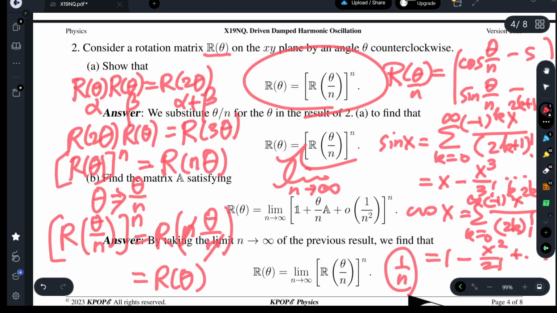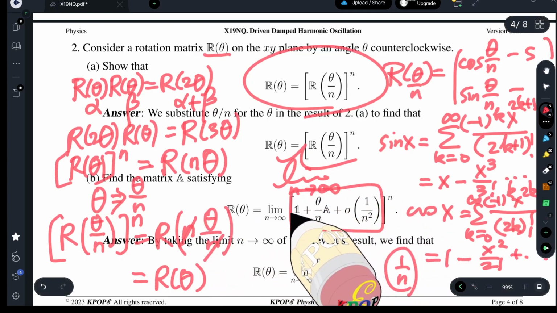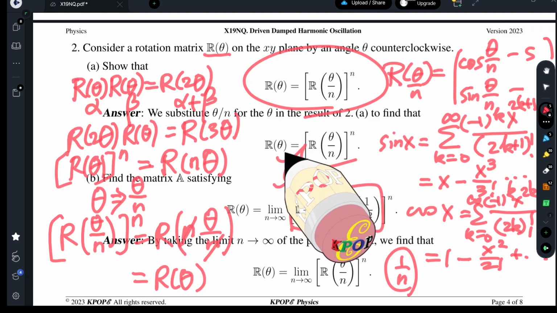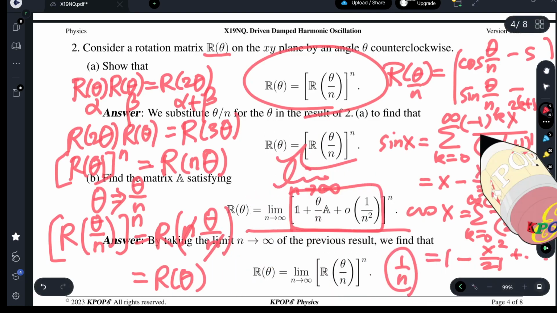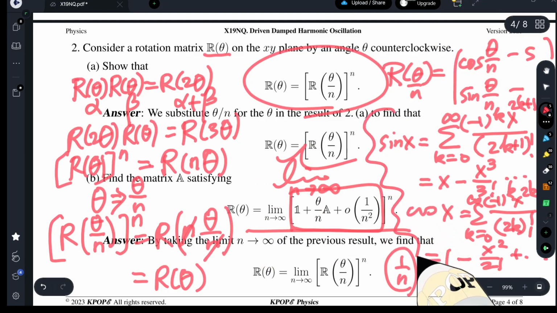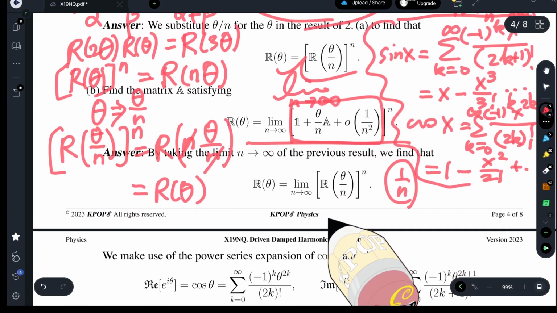Would you like to see what happens? So we shall find this rotation matrix can be expressed in this form. Let's see. By making use of this power series expansion of sine and cosine.